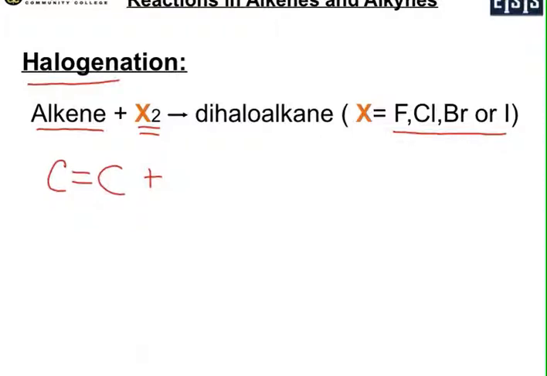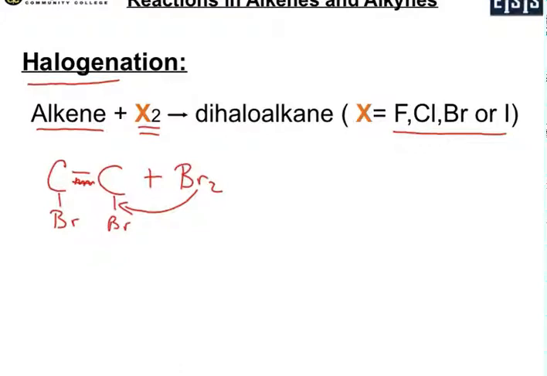So let's take bromine as the example. You're going to come in with bromine, and it's going to act just like the hydrogen did in hydrogenation. The bromine's going to come in, attack the double bond, and break one. And now instead of putting hydrogens on the carbons, you're going to put bromine on the carbons.